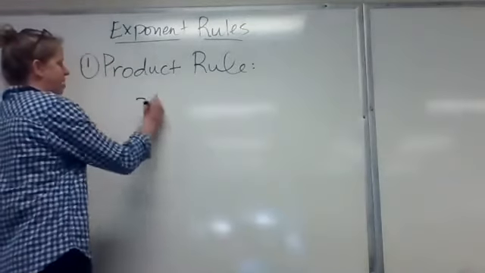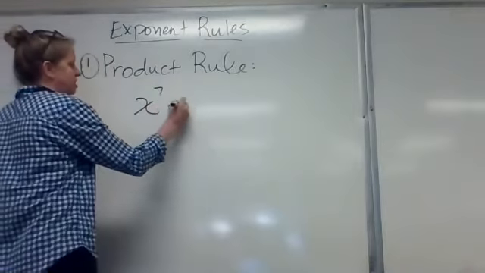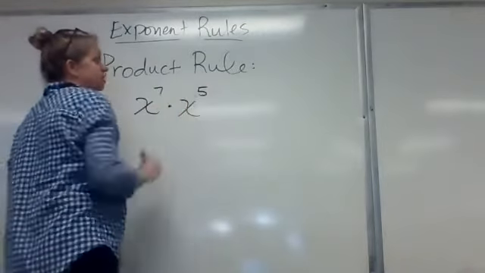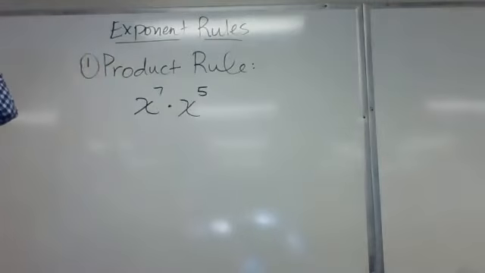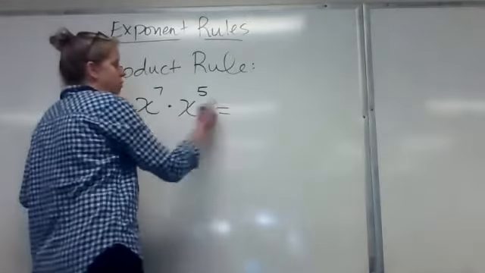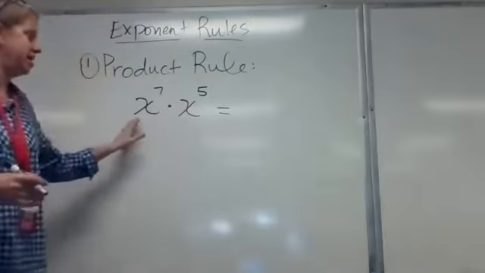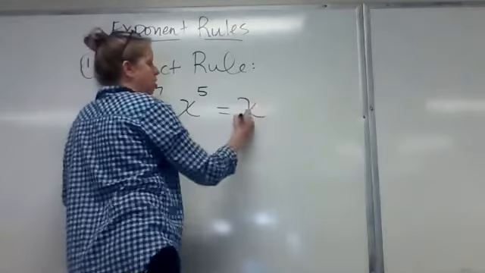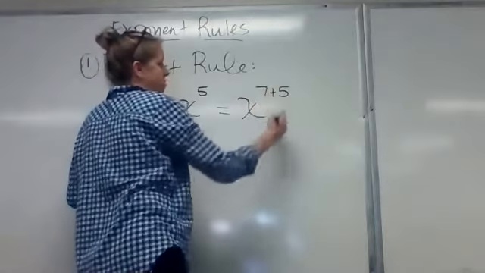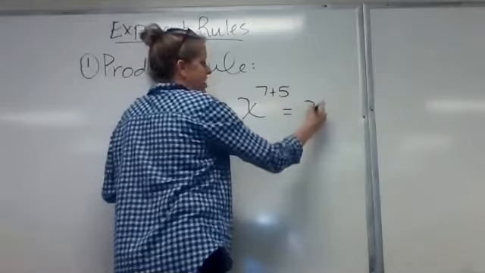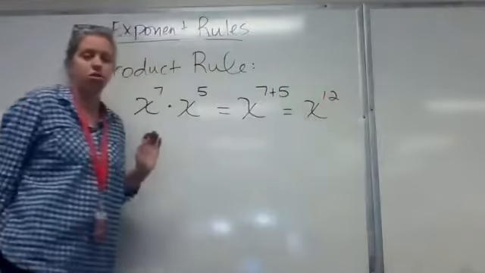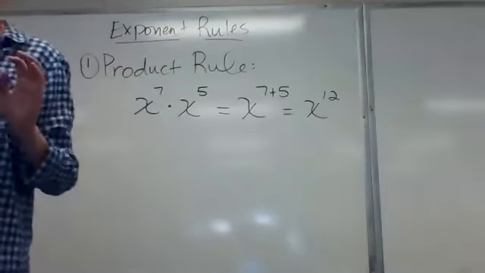Here's what that looks like. If you have x to the 7th times x to the 5th, you can rewrite this and simplify it by making this one term and adding their exponents. So 7 plus 5 gives you x to the 12th. So that's the product rule.